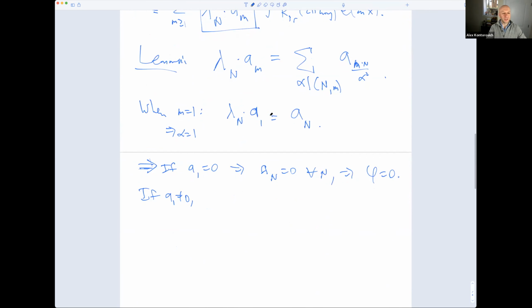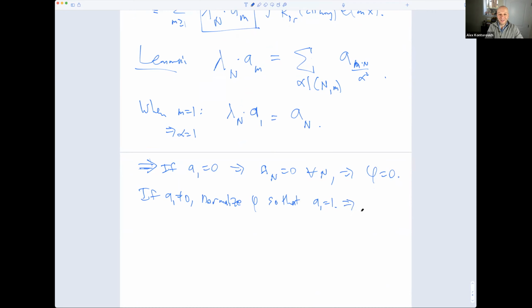Okay. So if a1 is not equal to 0, normalize. This is called Hecke normalized: normalize phi so that a1 is equal to 1. I can choose the vector up to a constant, so I'll choose the constant so that a1 is equal to 1.